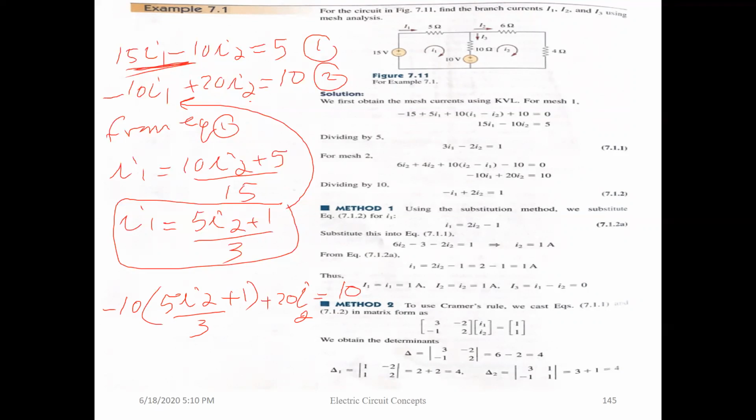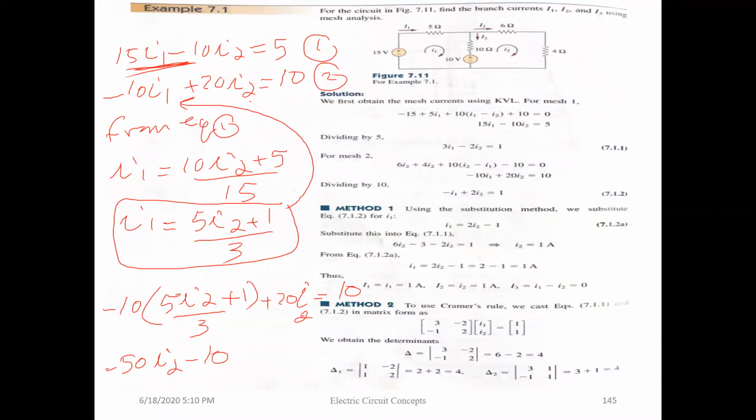If we multiply both sides by 3, we have minus 50I2 minus 10.